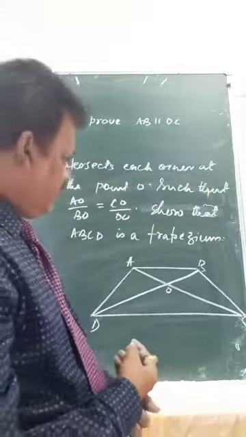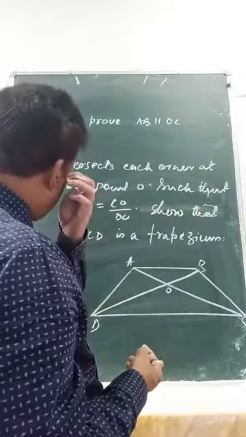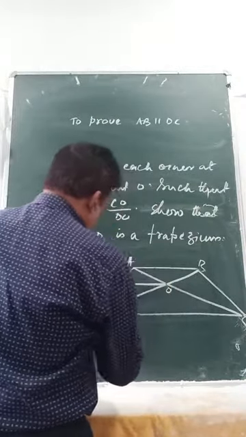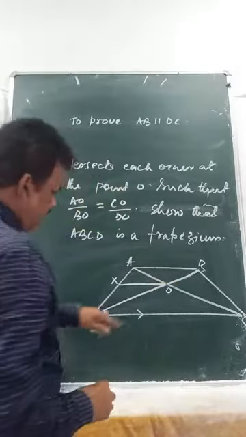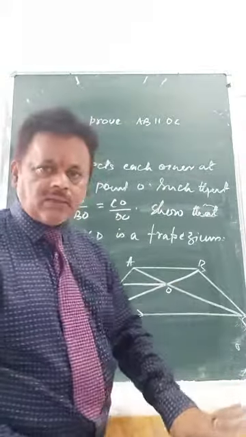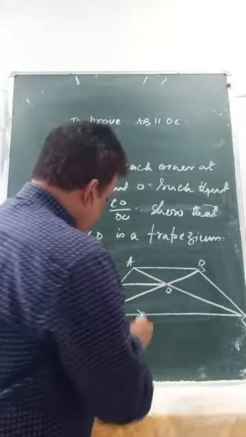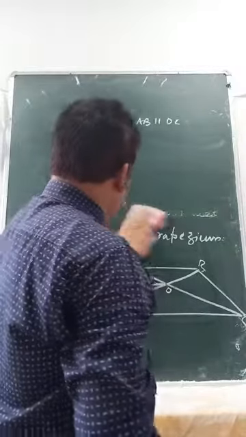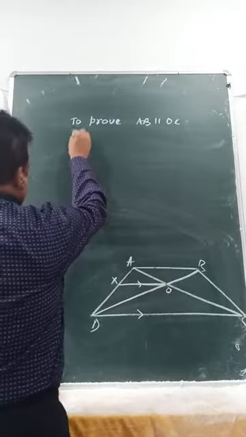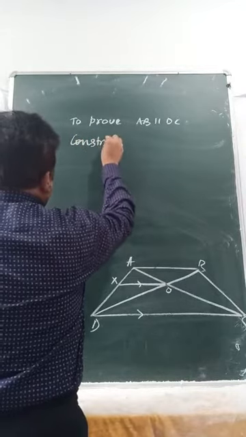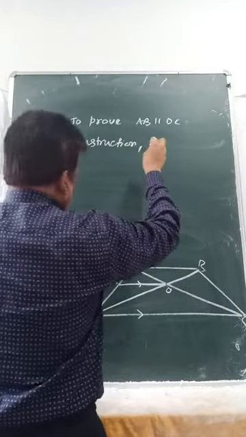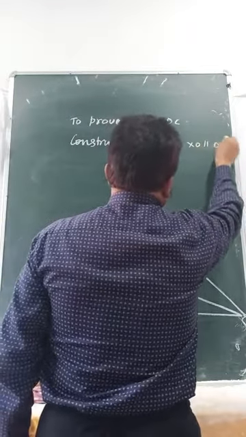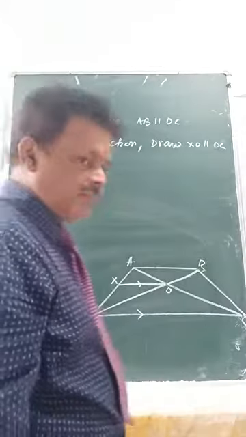Okay. Now what I'll do is I take a line. I draw XO parallel to DC. We don't know whether these two are parallel or not, but I can draw XO parallel to DC. So construction: draw XO parallel to DC. Okay.